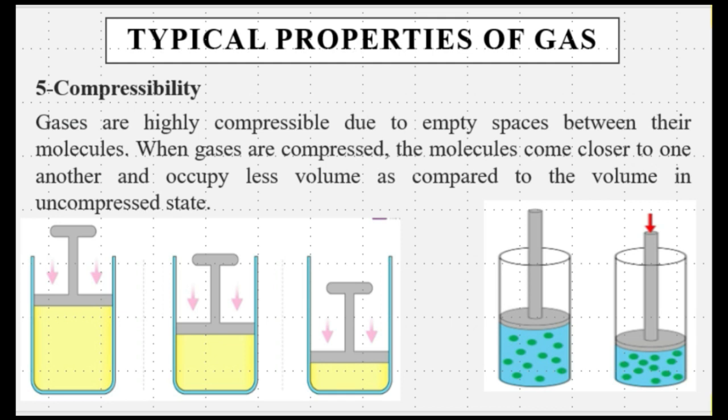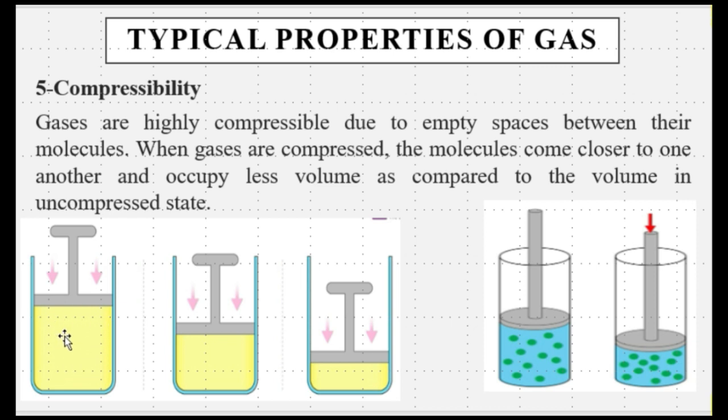And the fifth one is very important, called compressibility. Dear students, as we are familiar, there are intermolecular distances among the atoms of the molecules. It means they have the capacity to compress when pressure is applied. Let's see these examples. The distance in this container is greater than this and greater than this.